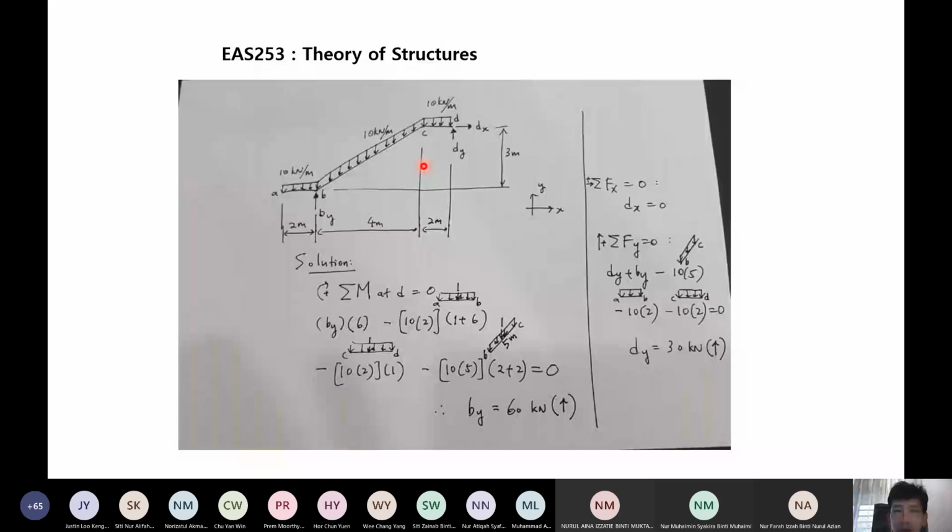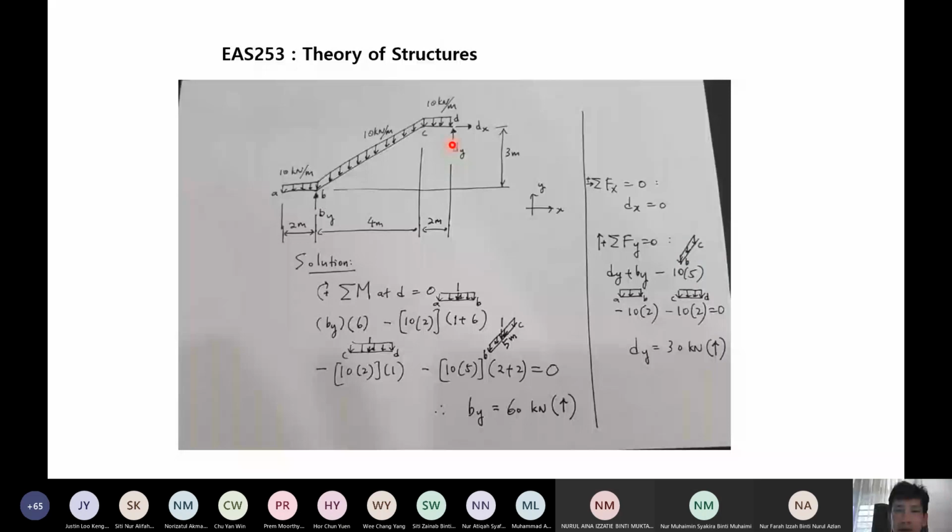So it is 10, the intensity of this distributed load, multiplied with this incline length 5. So 10 multiplied with 5, going down, so it becomes negative. The same for this part, AB here, 10 multiplied with 2, going down, negative. And the last part, CD here, 10 multiplied with 2, also going down, that's why negative.